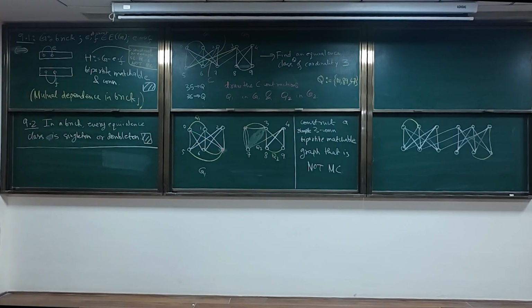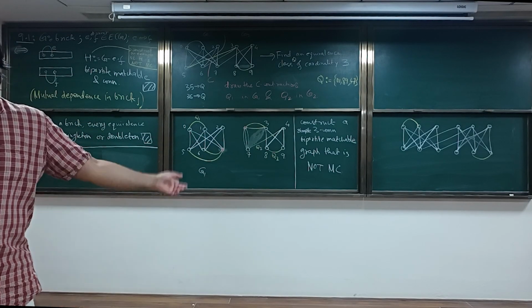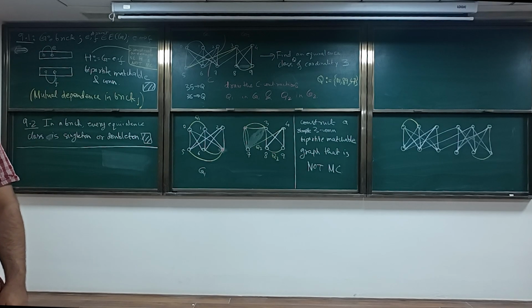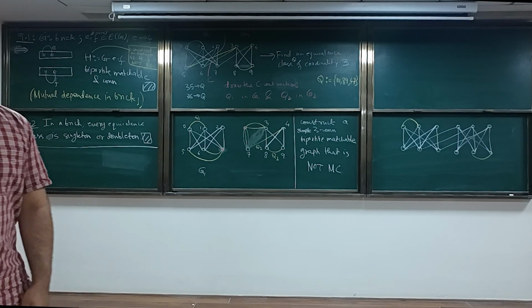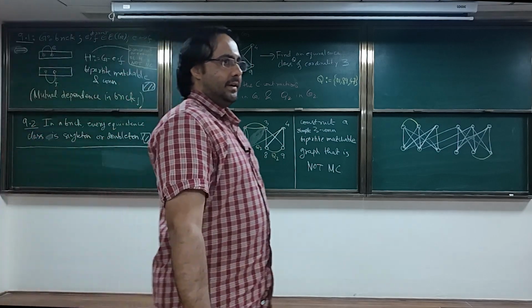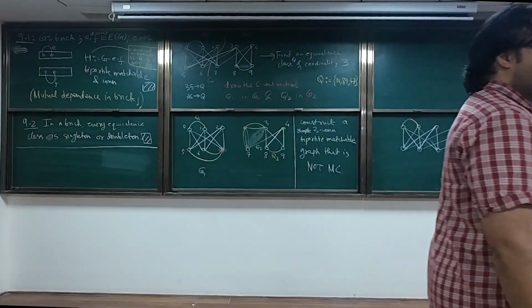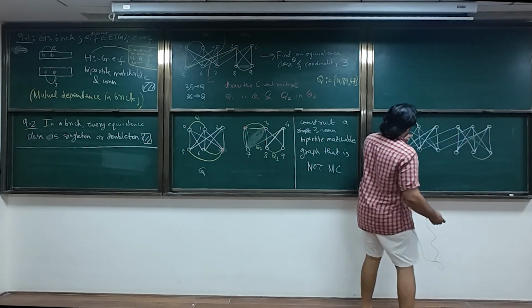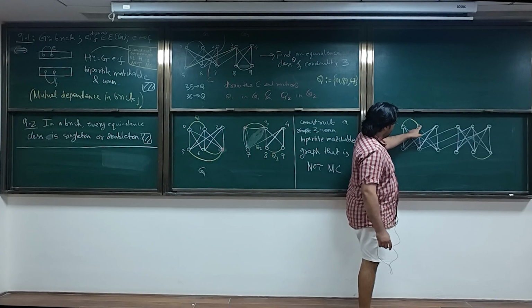Now you can check bicriticality. It's not too difficult. Observe that you never have to check bicriticality for adjacent pairs of vertices. Once you know the graph is matching covered, you only have to check for non-adjacent pairs. Then it's quite straightforward. All these edges will be in the matching. Now you can find a perfect matching containing this edge.